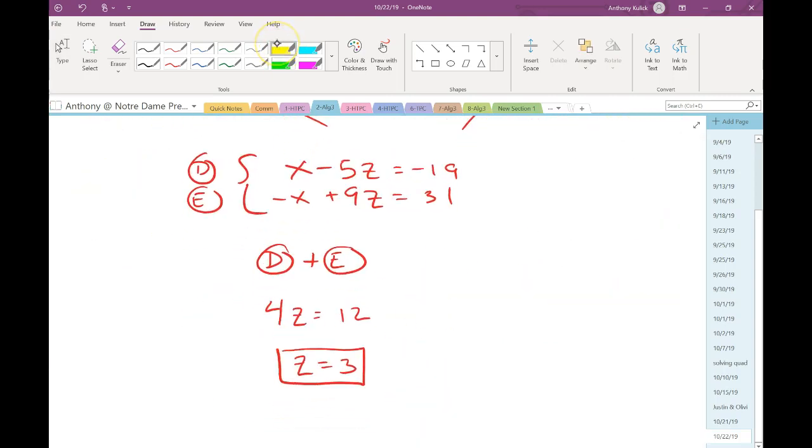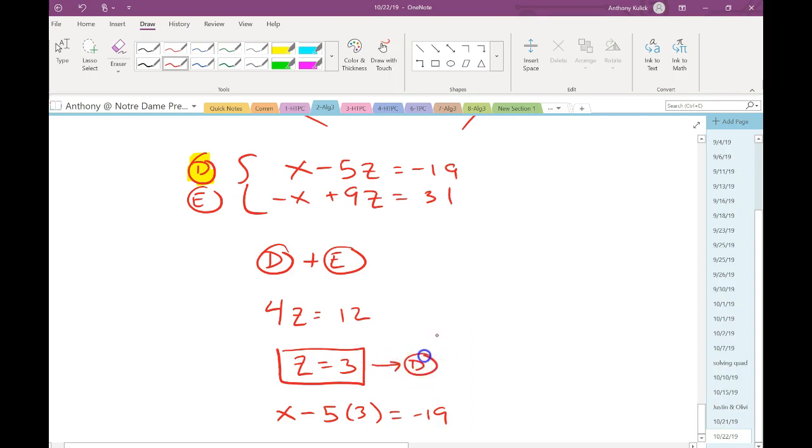So does it matter whether I pick equation D or equation E here? No. Which one would you like to pick? I would pick equation D because the x is already positive there. There's no dividing that I have to do, which is like a little thing, but hey, it's something.